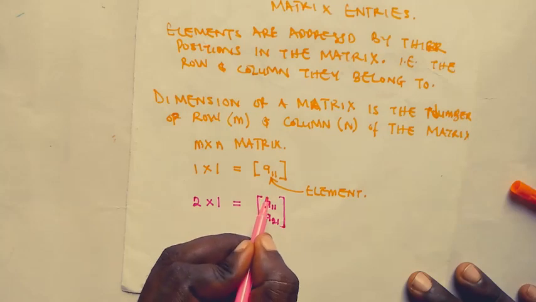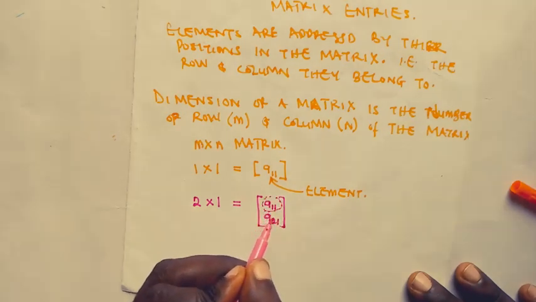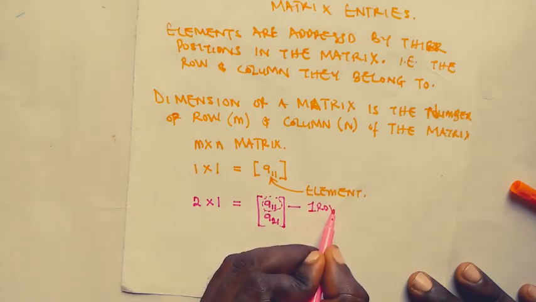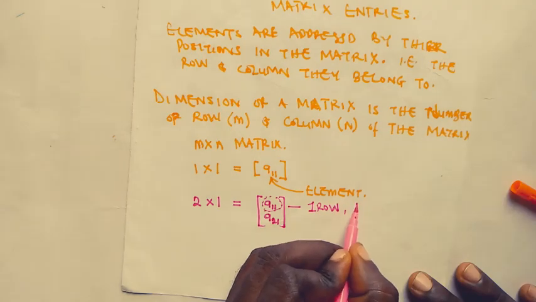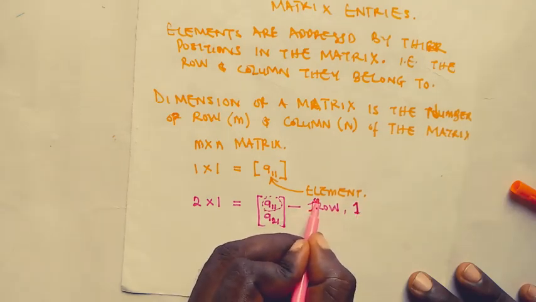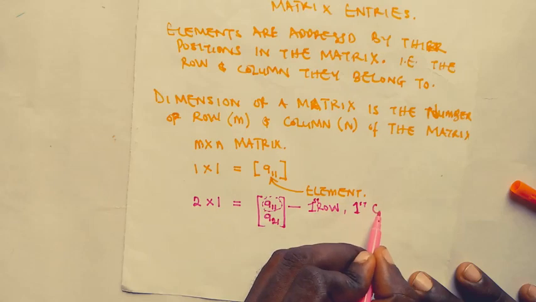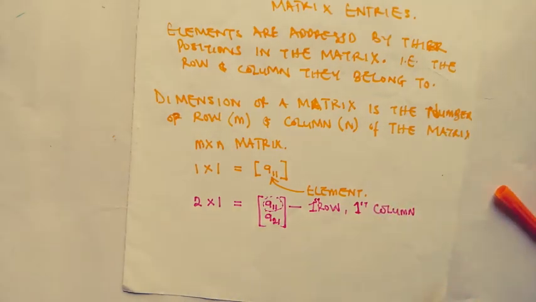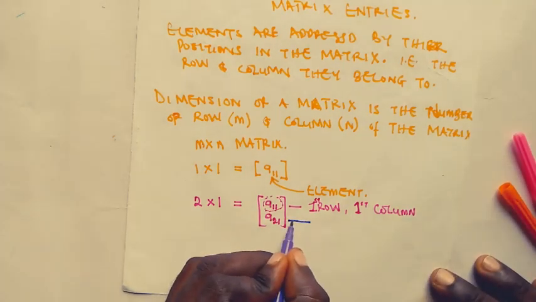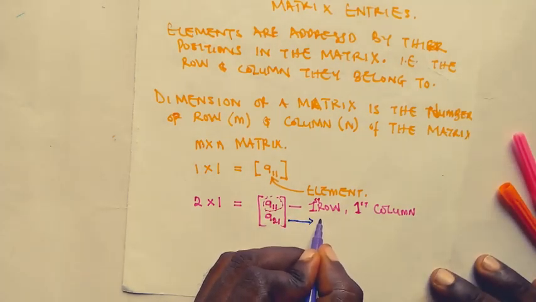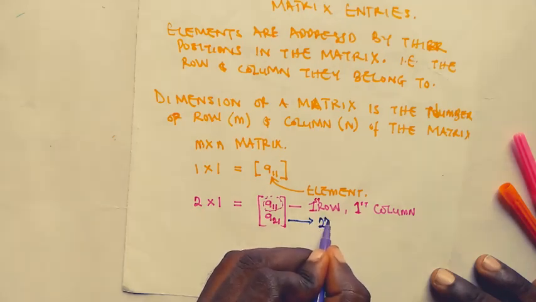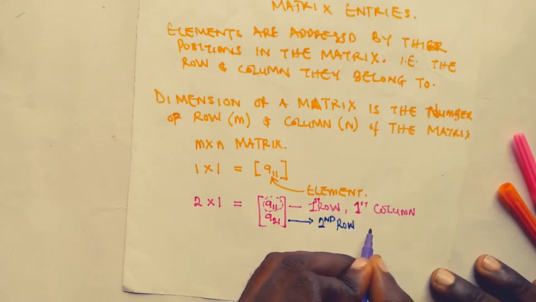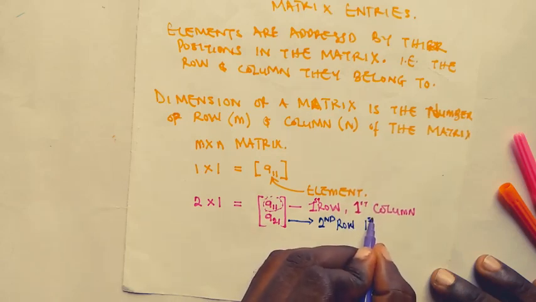So for example, this element of the matrix is in first row, first column, while this is in the second row and first column.